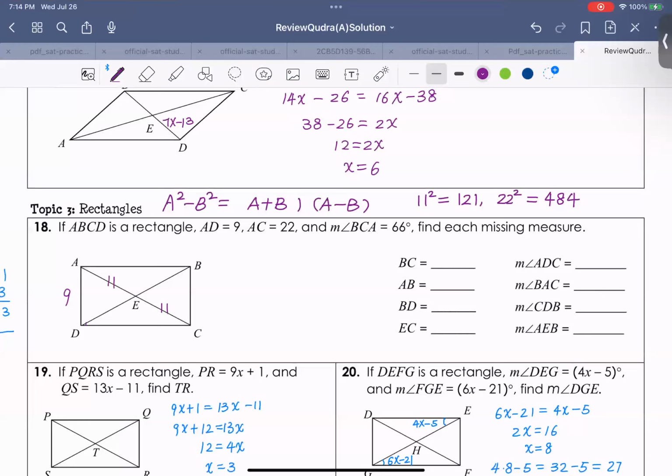And also we use BCA. BCA right here is 66 degrees. Now let's get how much will be here. 9. And then AB is how much? To use the Pythagorean theorem.